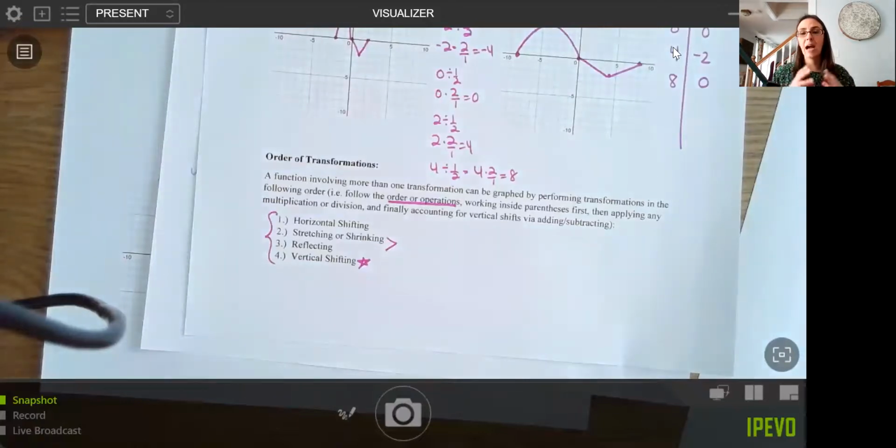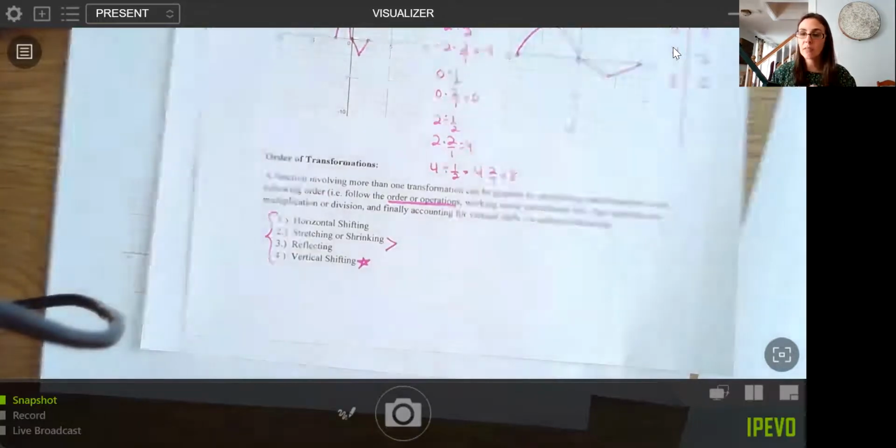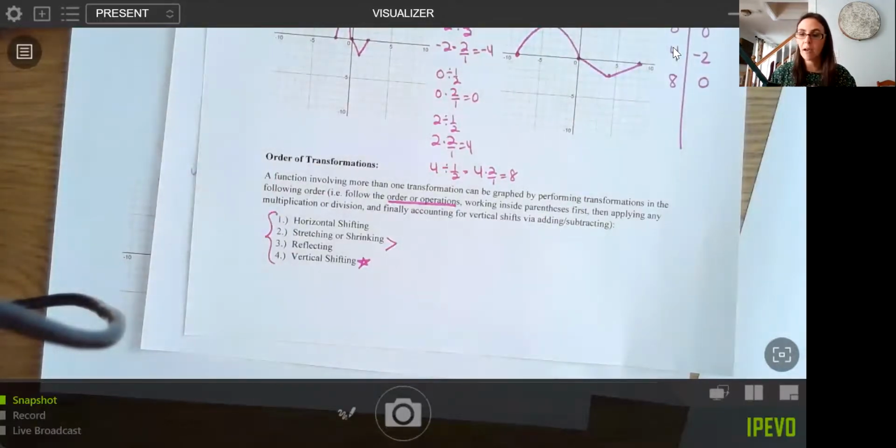Also remember that any outside changes affect the graph vertically. So you're affecting the Y values in an up and down direction. And any changes inside, so inside parentheses, roots, radicals, whatever you have, is going to reflect things horizontally, so left to right. So you're going to move them left to right or shift left to right or pull them, whatever you're doing, but it'll be a left to right change.